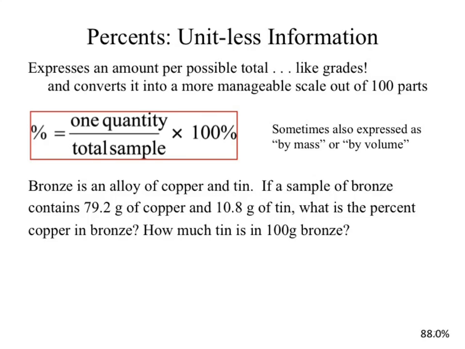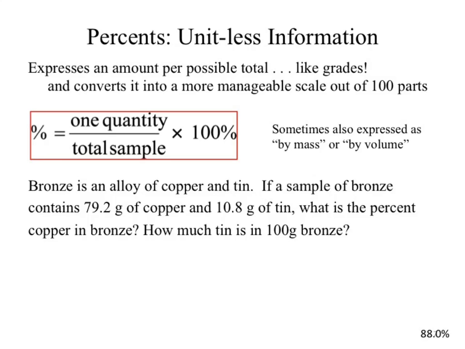So if we take a look at an example, bronze is an alloy of copper and tin. A sample of bronze contains 79.2 grams of copper and 10.8 grams of tin. What is the percent copper in bronze? How much tin is in 100 grams of bronze? Again, we're relatively good with 100 values, so some people can pick out these differences pretty quickly.